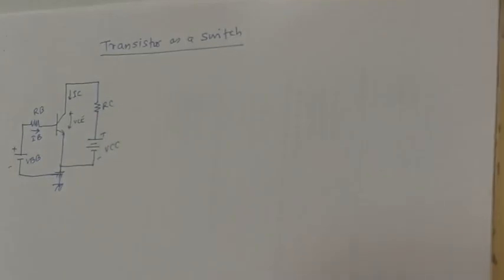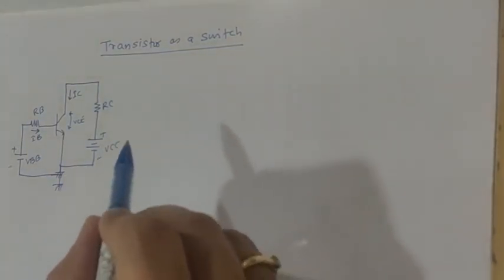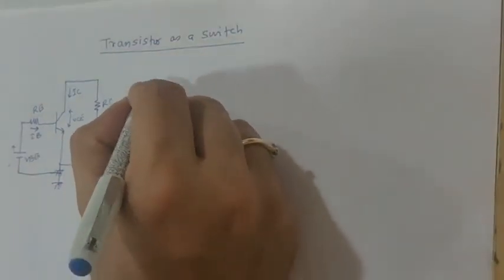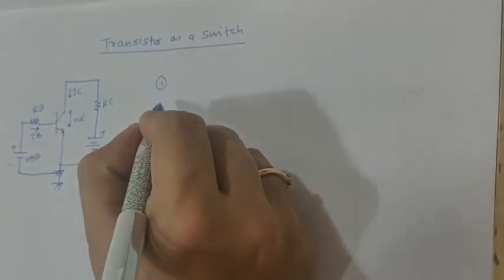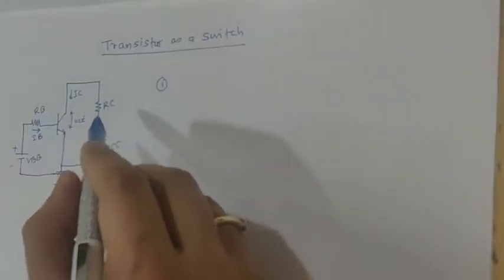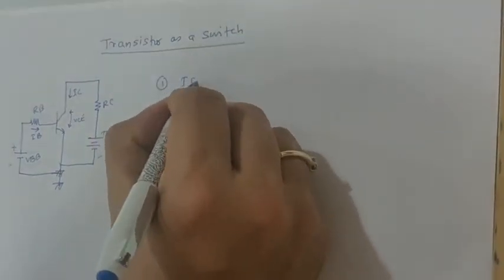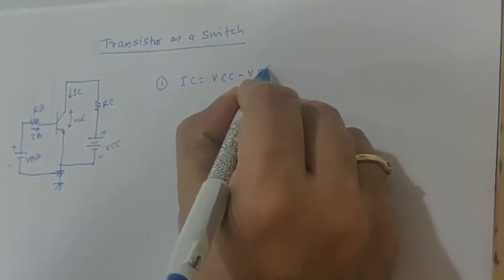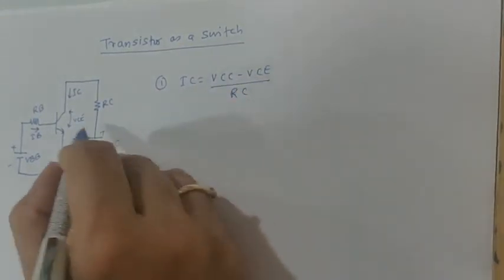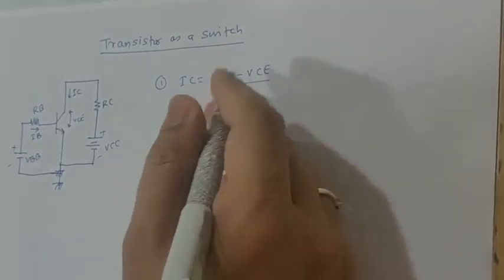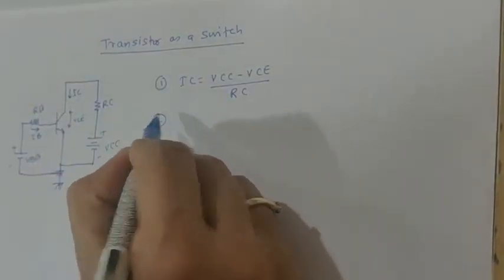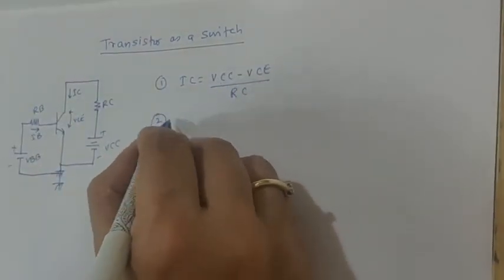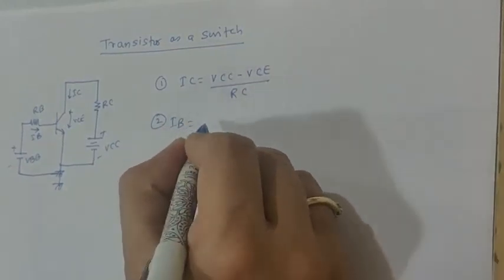Okay, now see how this particular circuit is going to operate. So I will be writing some cases here, so just understand this. Now referring to this diagram, the value of IC will be VCC minus VCE upon RC. So simple, applying KVL to this particular loop, I can get the value of IC. We already got this in the last slide. And if I want to find the value of IB, of course we need to apply KVL to the base side.